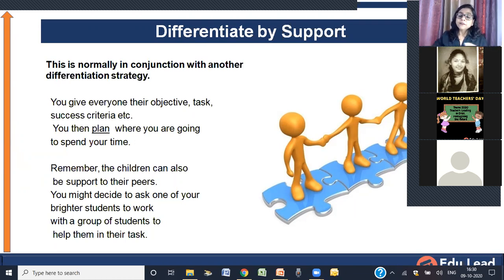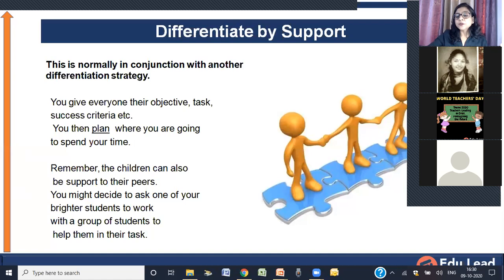And then if there is another way that you can do it, you can make ability groups. Now, when you're making ability groups, you can differentiate by 2 more different ways in the same activity. One, high ability group, give them the task according to their ability.